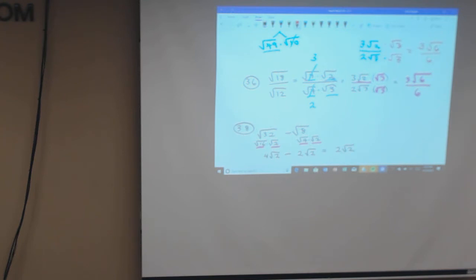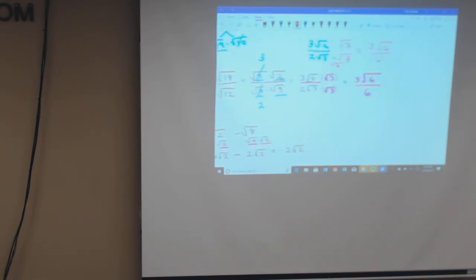The square root of 3 times the square root of 3 is the square root of 9, which is 3, times 2 is 6. But I can reduce that down. 6 is 3 times 2, so that equals the square root of 6 over 2.